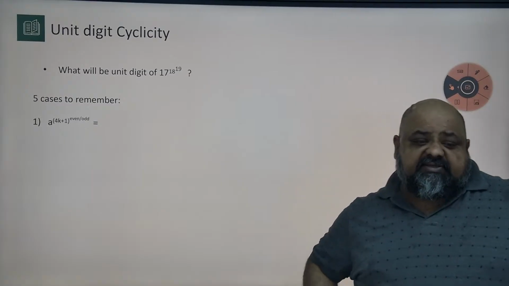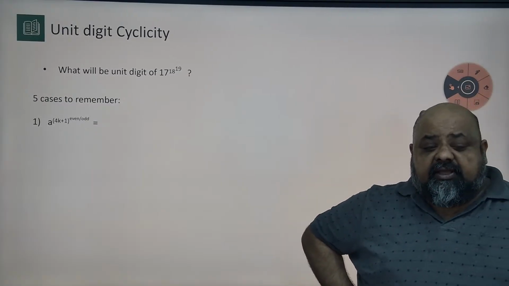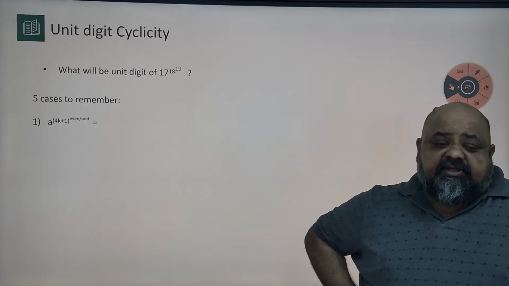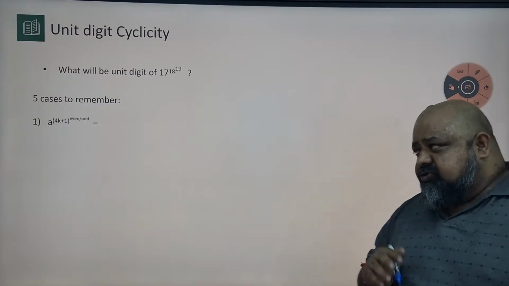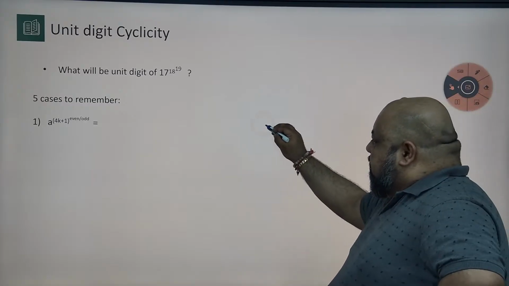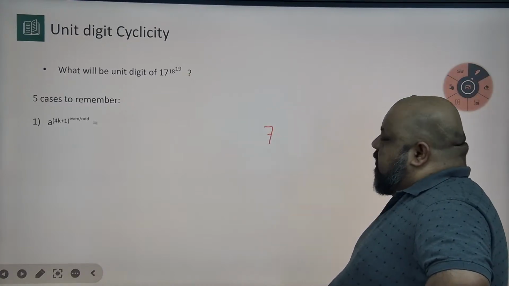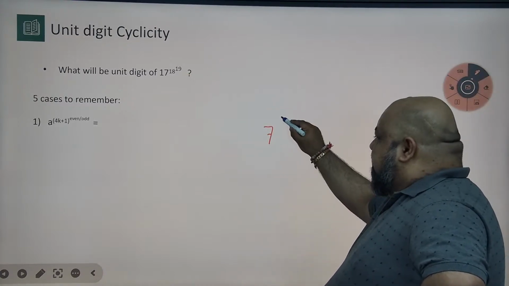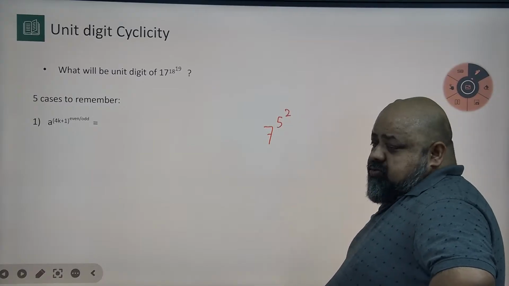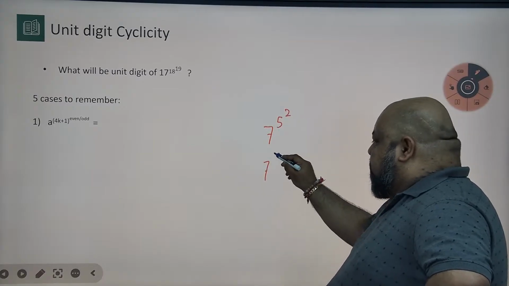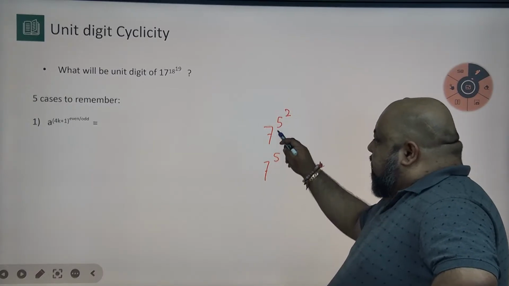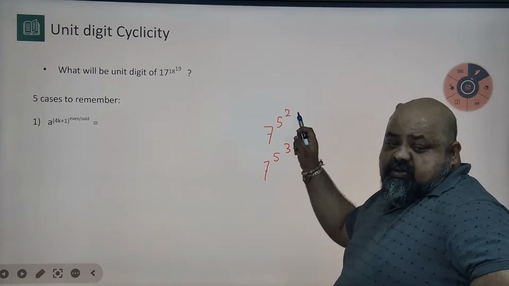A, the base, raised to the power 4k plus 1, raised to the power of an even or an odd number. That is to say 7 raised to power 5 raised to power 2, or 7 raised to power 5 raised to power 3. 7 raised to power 4k plus 1.